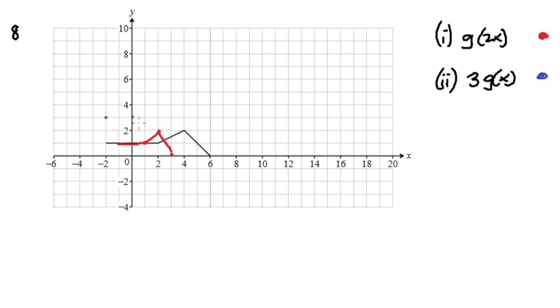Same for this point. And for this point, 2, 1 also goes to 3. For 4, 2 goes to 4, 6. Multiply 2 by 3 is 6. And 0 times anything is 0, so it stays here. And you just connect them. Remember to use a ruler.